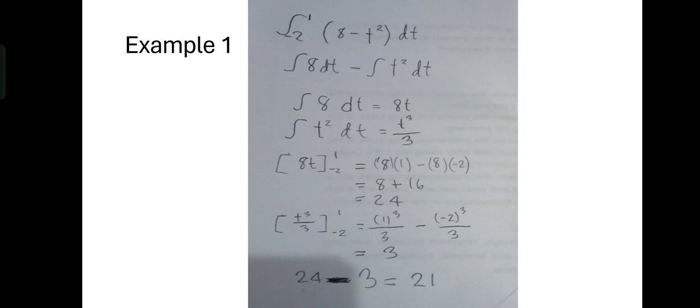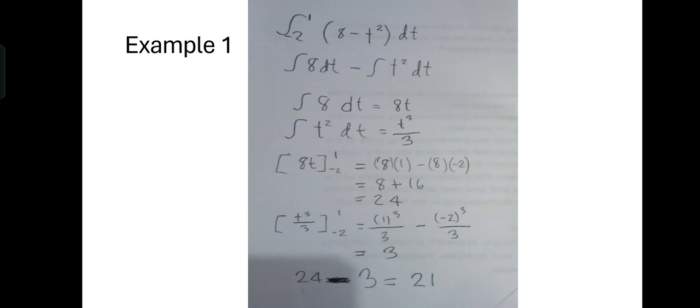And next is t cubed over 3 from negative 2 to 1. We're just going to use the limits of integration. We have here negative 2 as our lower limit and 1 as our upper limit. The same process will be used, and we have here 1 cubed over 3, because 1 is our upper limit, minus negative 2 cubed over 3, because negative 2 is our lower limit.